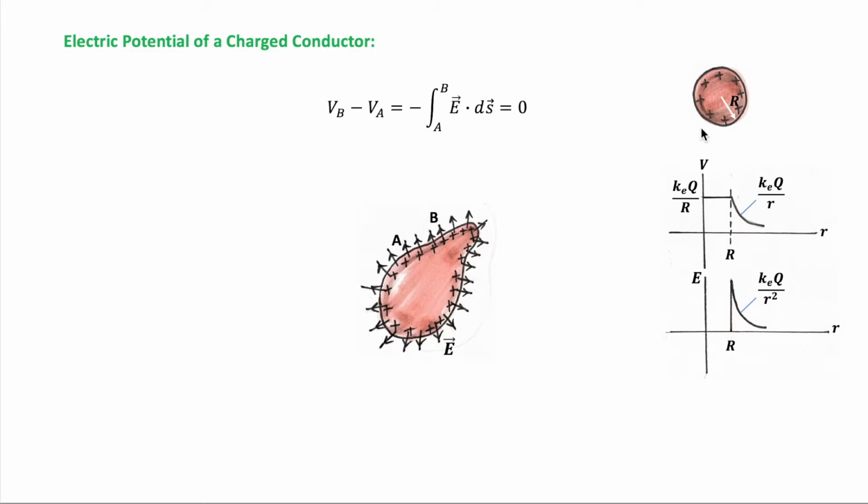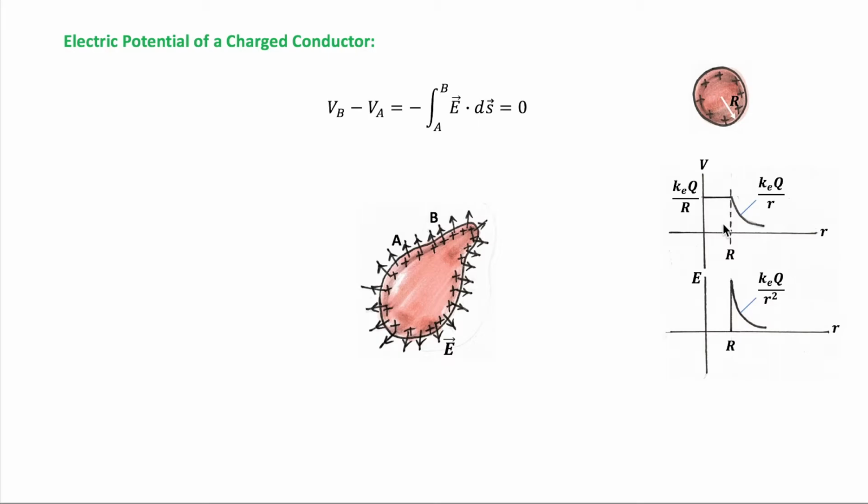So let's consider, as an example, a solid conducting sphere of radius r and total charge q. So this is a plot of E versus r and V versus r for this sphere, okay?